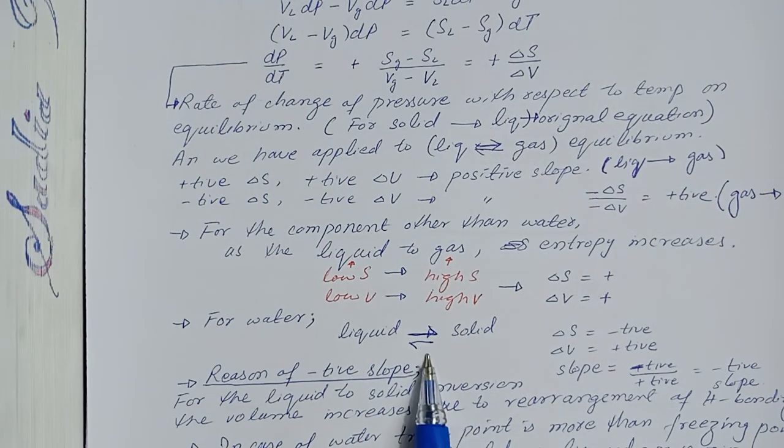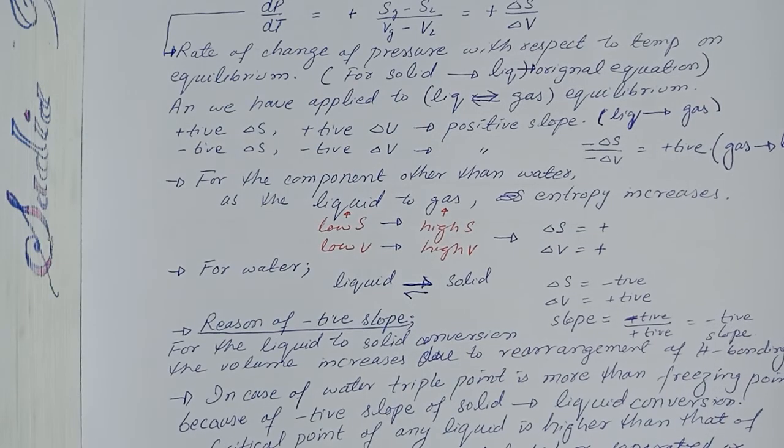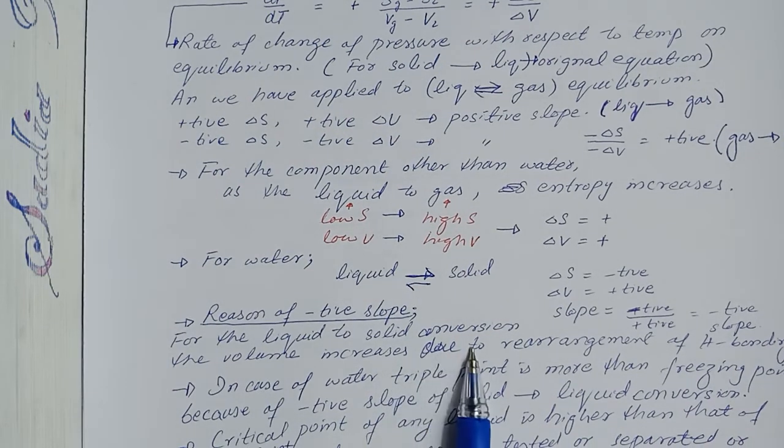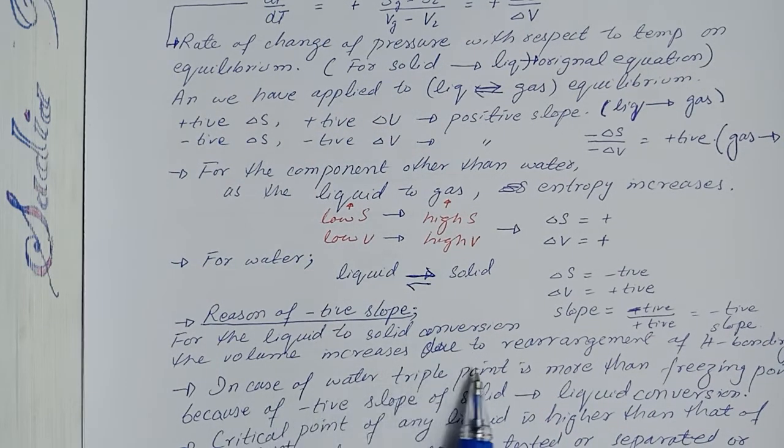When both are in equilibrium, at that phase boundary the slope is negative. The reason for this negative slope is that for the liquid to solid conversion, the volume increases due to rearrangement of hydrogen bonding.